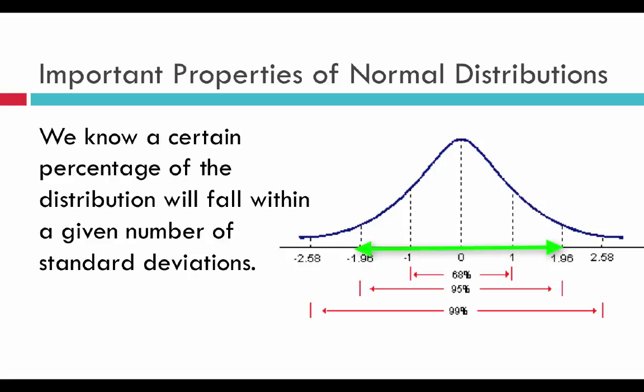If you increase that margin so that we have minus 1.96 and 1.96, we're almost at plus or minus 2 standard deviations, we have about 95% of the overall data values that fall within this interval. If we consider all of the values that fall within approximately 2.58 standard deviations, this accounts for about 99%.